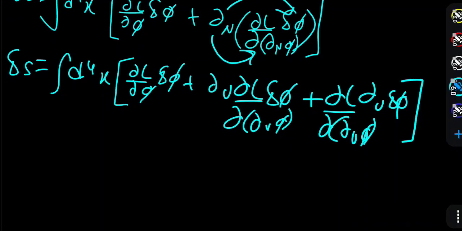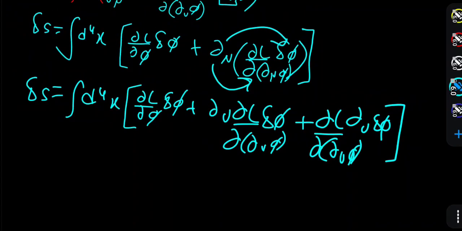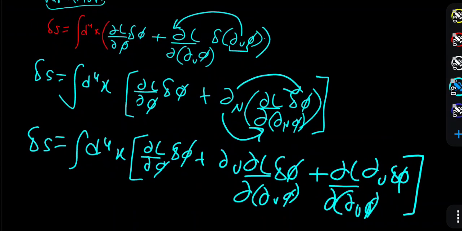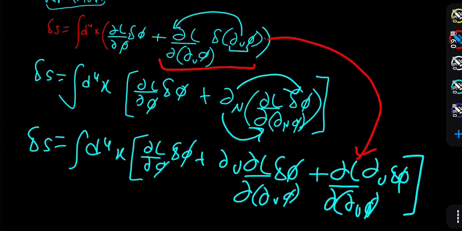Now I'm going to use a very important thing. Let me remind you that this particular thing, this and this, is the same. Take time to understand this particular equation and this particular equation; this particular thing is the same. Just see this, take some time.